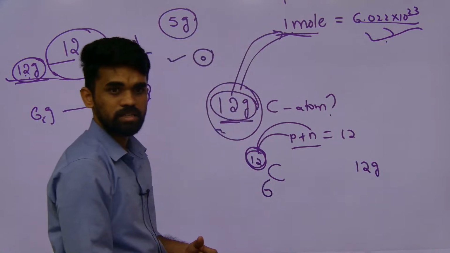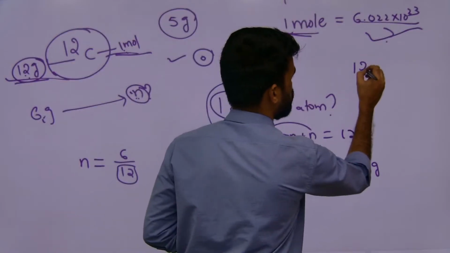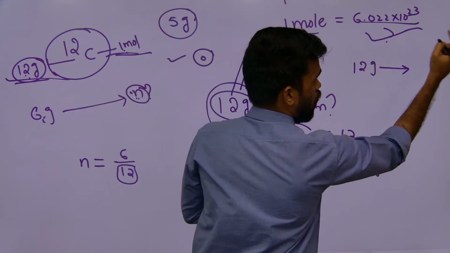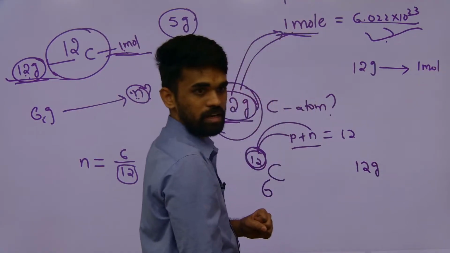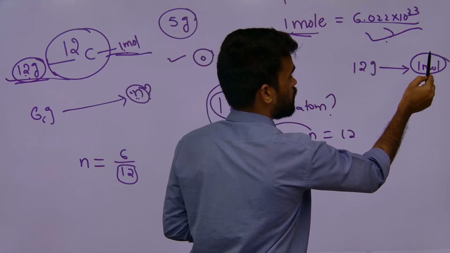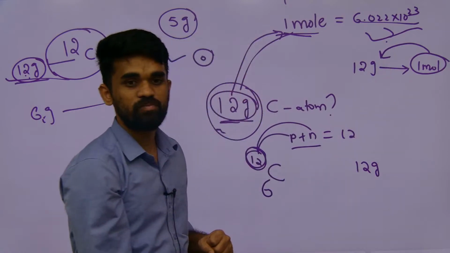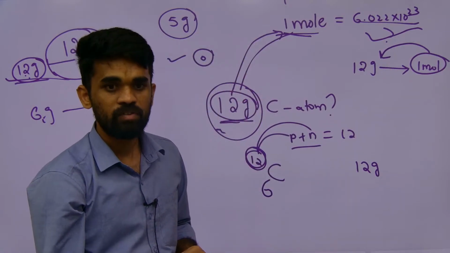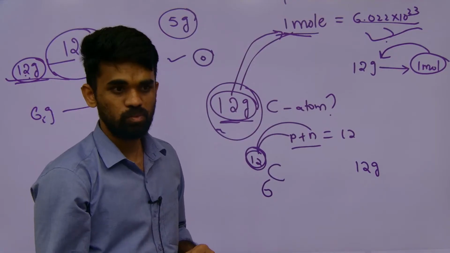Why in grams? If you consider 12 grams of carbon, we are finding 1 mole of carbon. So the mass of 1 mole of a substance is called its molar mass. The simple definition: mass of 1 mole of any substance is called its molar mass.